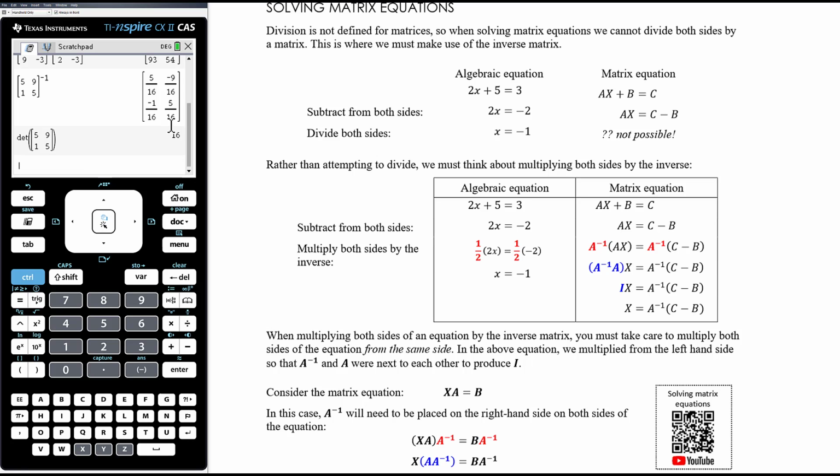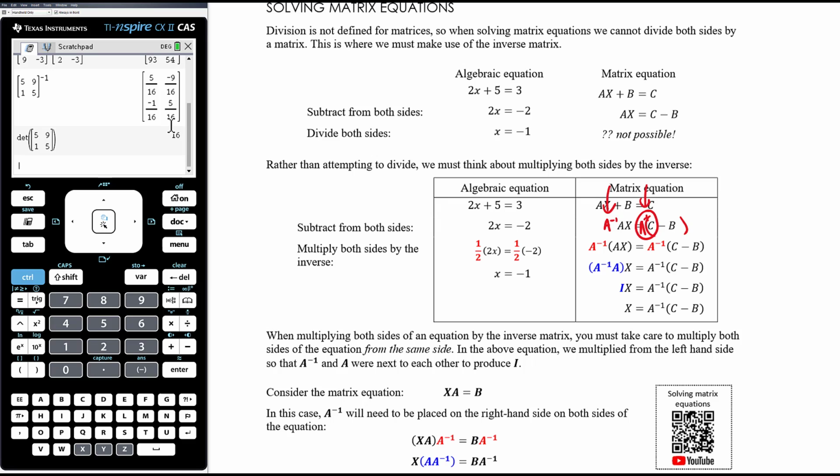Now, we also need to remember that the order that we multiply matrices is really important, okay? So in order to get rid of the a from here, I'm going to have to put the inverse next to it, okay? So that means it has to go on the left-hand side. We have to multiply from the left. And so therefore, when we do the same thing to both sides, we also have to multiply from the left. The inverse must go in on the left-hand side there.